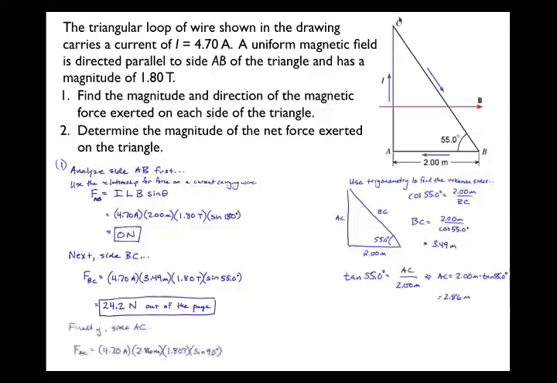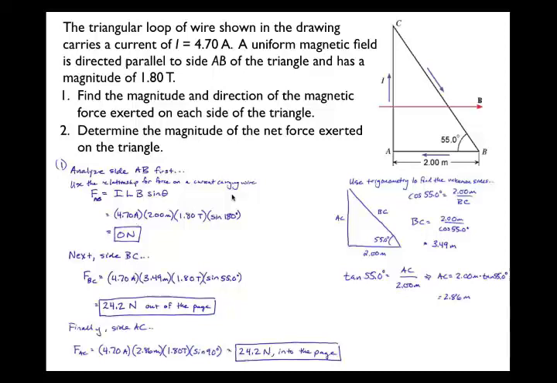Let's see, side AC is 2.86 meters long, same current, 4.7 amps, 1.8 Tesla magnetic field. The current's straight up, the magnetic field's straight to the right. That's an angle of 90 degrees, and the sine of 90 is 1. If you punch those numbers out, you'll find 24.2 newtons.